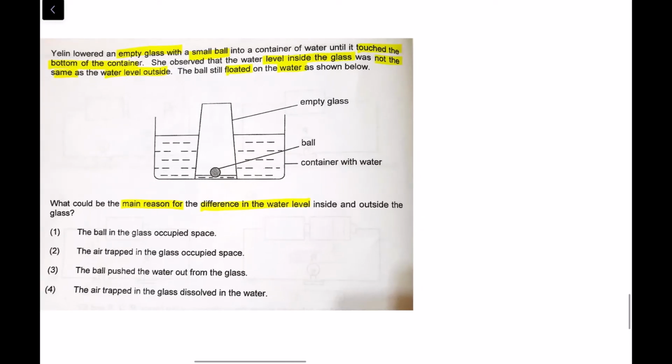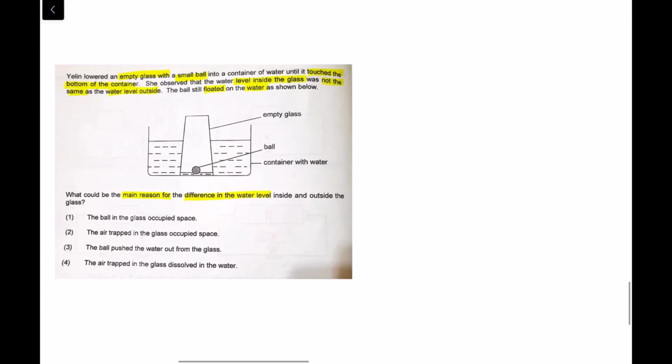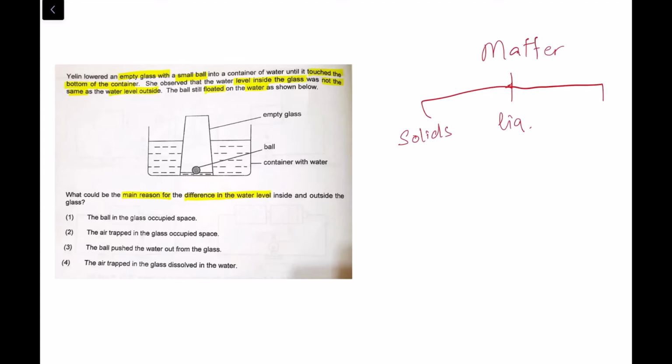The first one is that in matter, solids and liquids are incompressible and gases are compressible. So we have three categories under matter. The first one is solids, the second one is liquids, and the third one is gases.